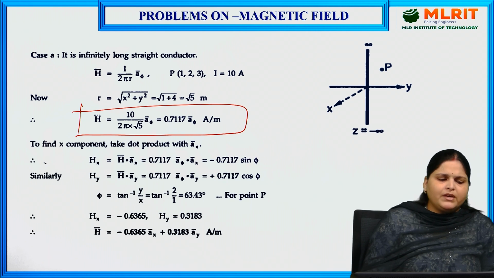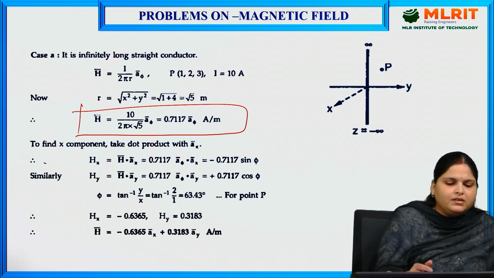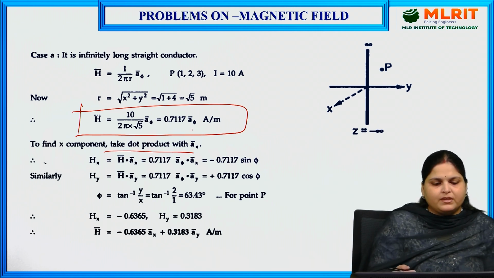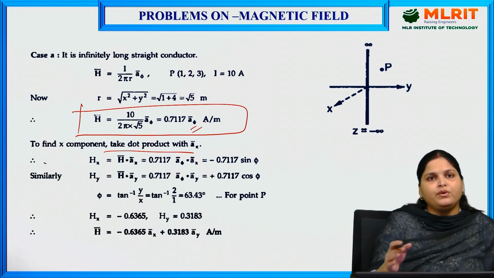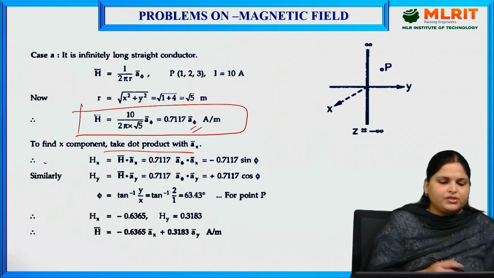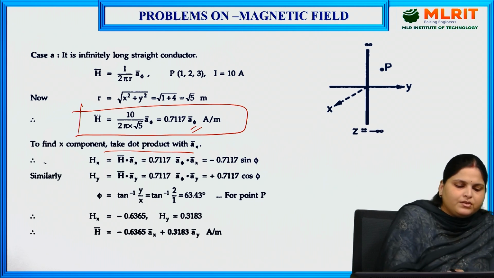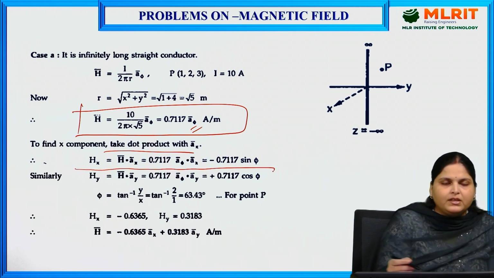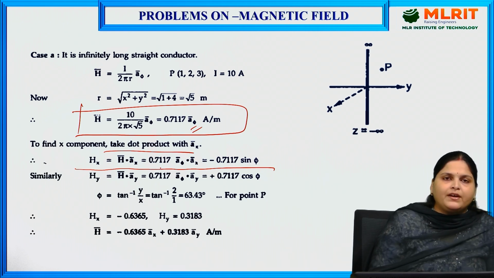Now if we want to find the x component of this, we will just take the dot product of this equation with a x, meaning we are transforming this a phi into the x direction, and also we can find y and z. So Hx is equal to H dot a x, where H is equal to 0.717 a phi, dot a x.